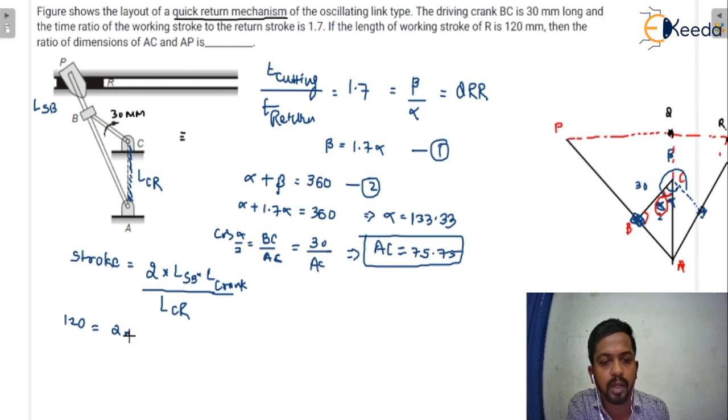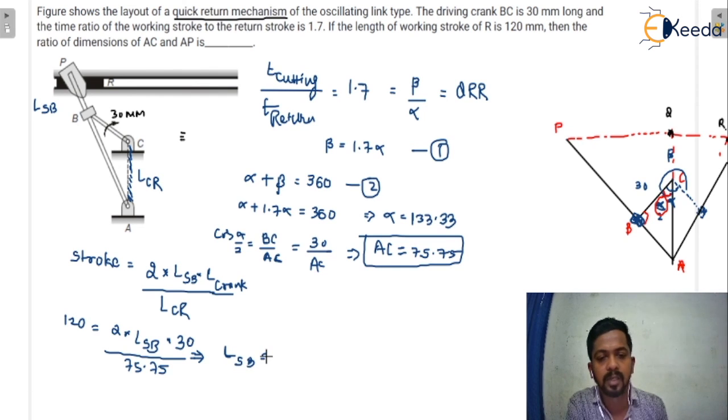So basically it is 2 into, we have to find out the length of the slotted bar. Length of crank is given, that is 30 mm, and the length of the connecting rod we got is 75.75. Now you just have to calculate the length of slotted bar using a calculator. I'm just calculating it.